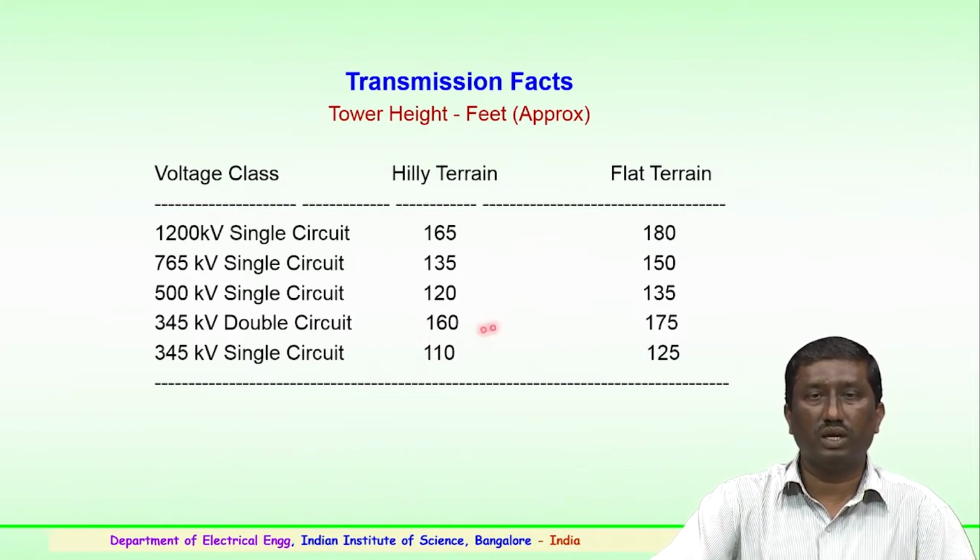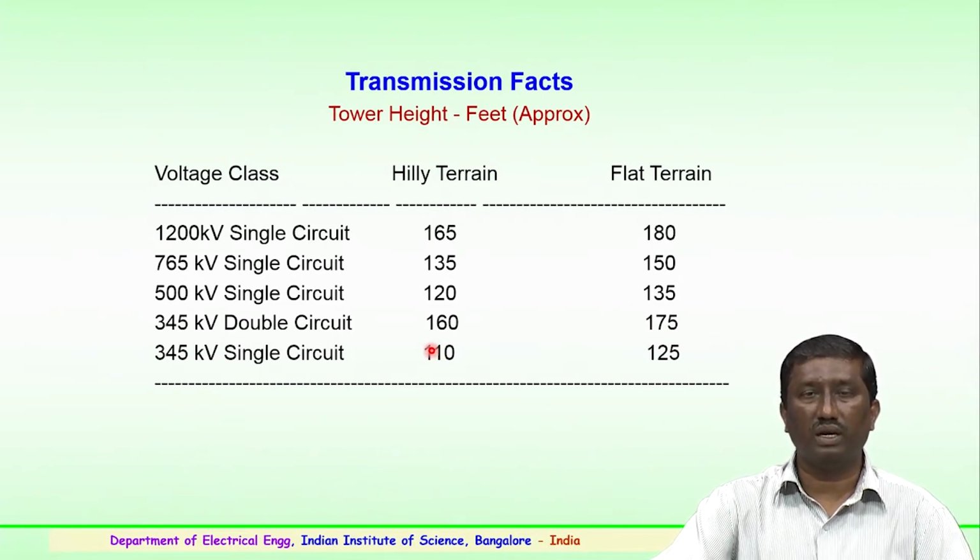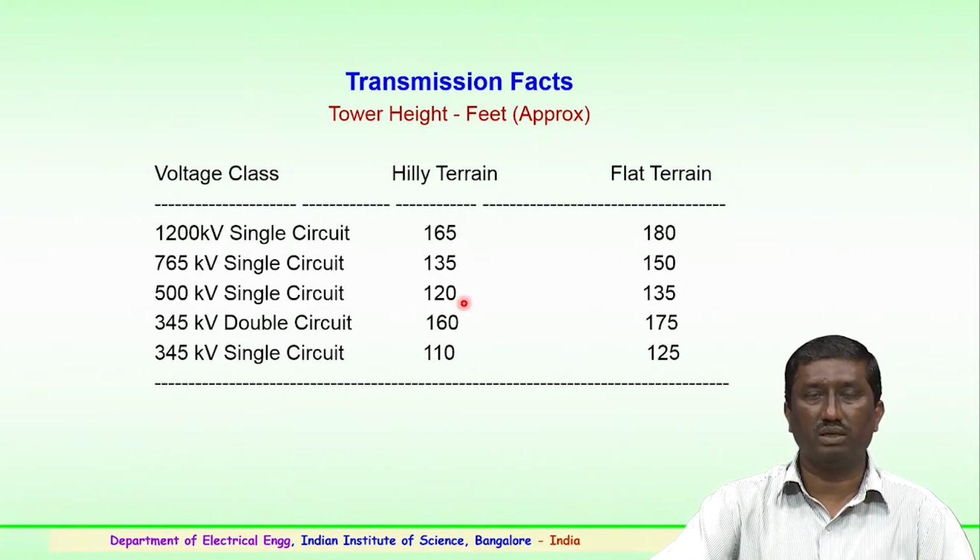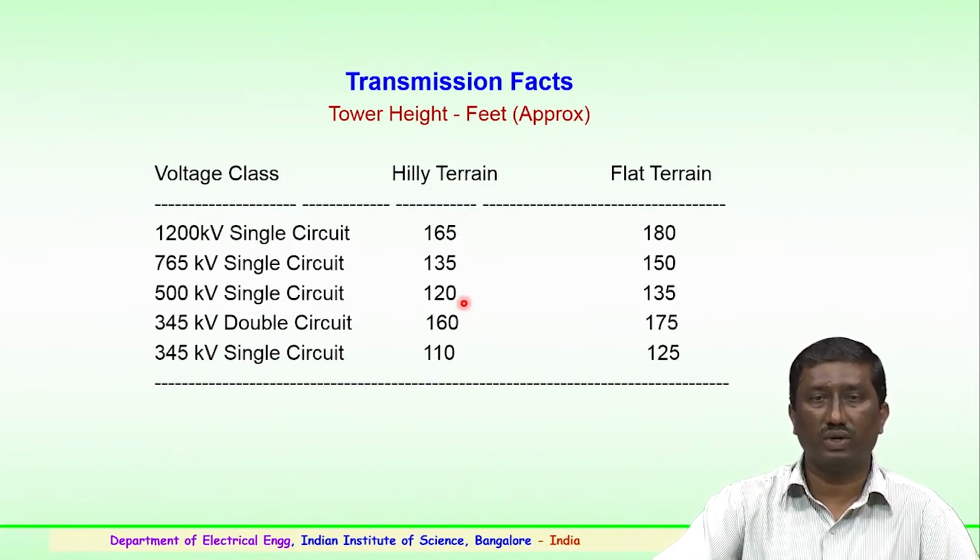Similarly, if it is a double circuit, the clearance is 175 feet, and 160 in the case of hilly terrain. For 500 kV single circuit lines it is 135 in the case of flat and 120 feet, around 40 meters from the ground, in the case of hilly terrain.